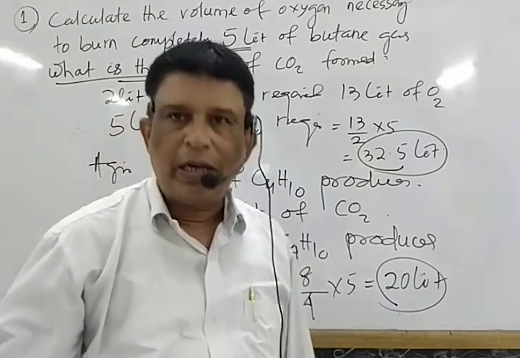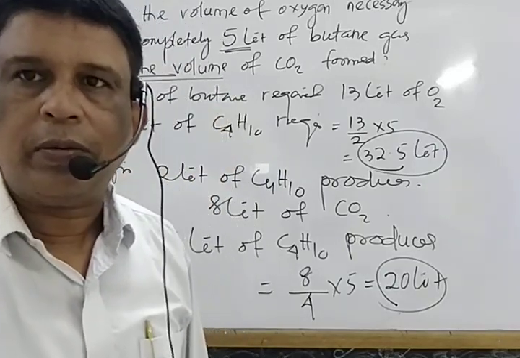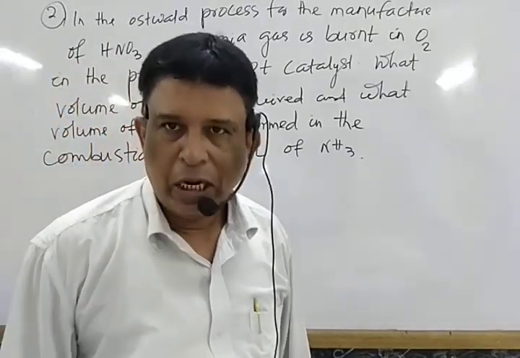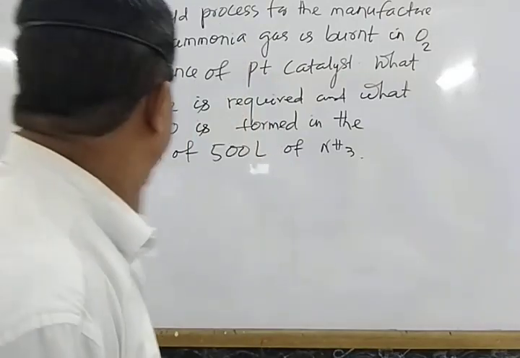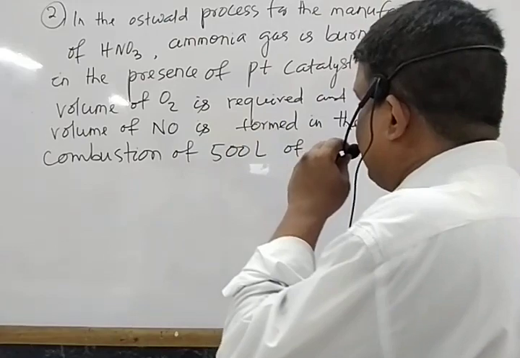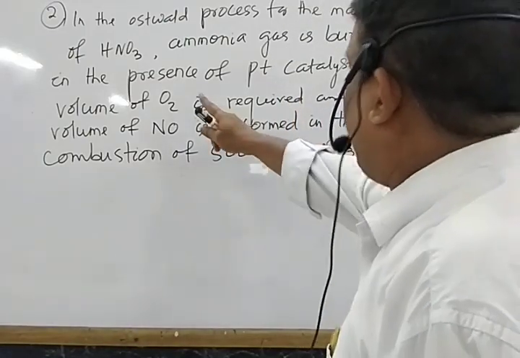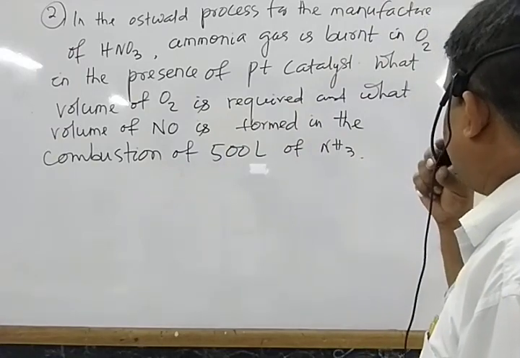Move to another type of problem relating to volume relationship. Mark the second question. In the Ostwald process for the manufacture of nitric acid, ammonia gas is burned completely in oxygen in the presence of a platinum catalyst.